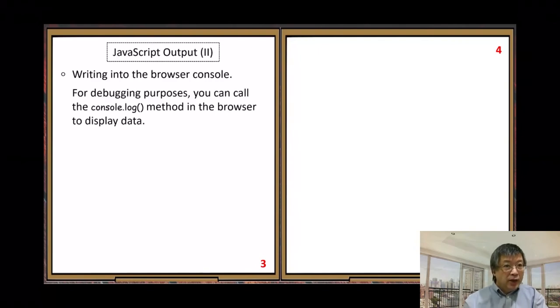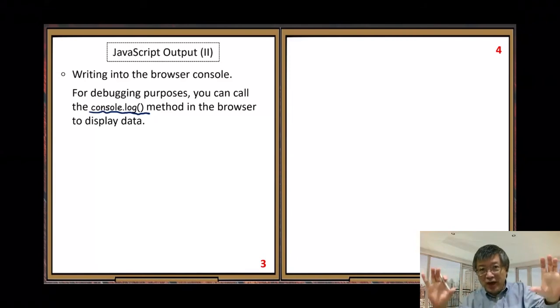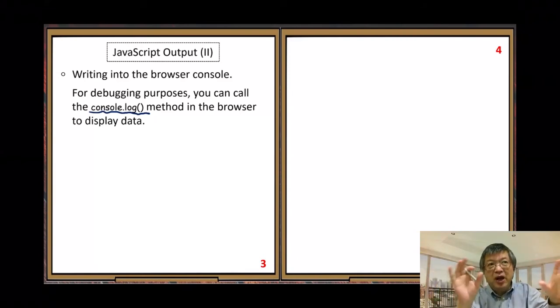For debugging purposes, you can call the console.log method to display data. The browser will use some area, the console area, to display the information you put there. That's for debugging purposes, our third debugging method.